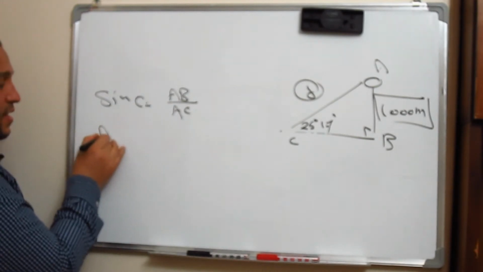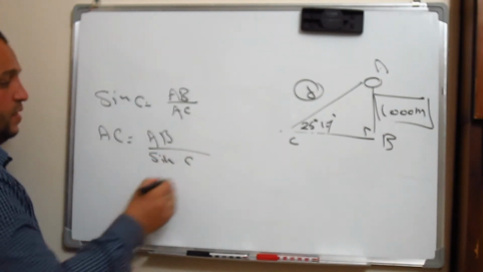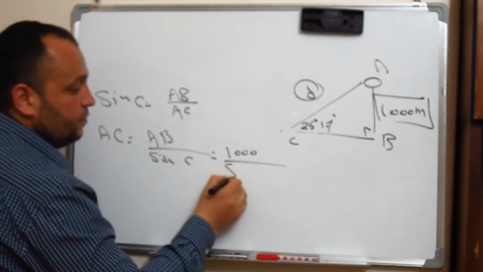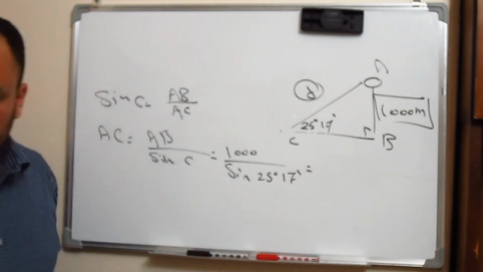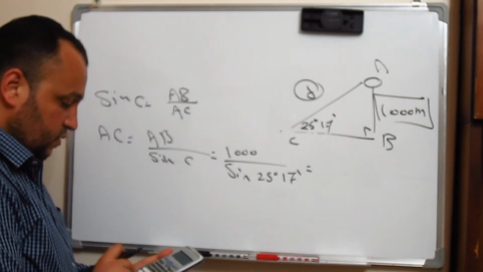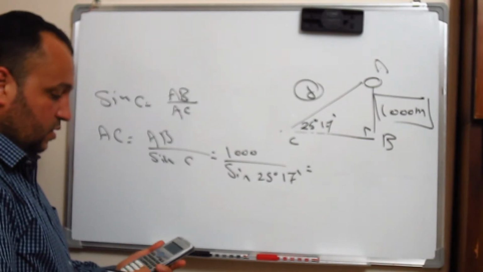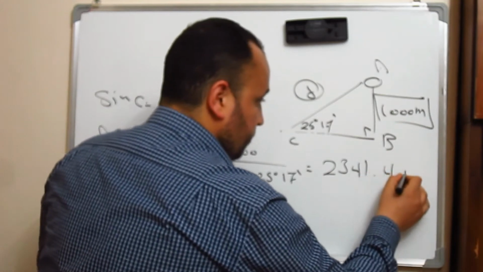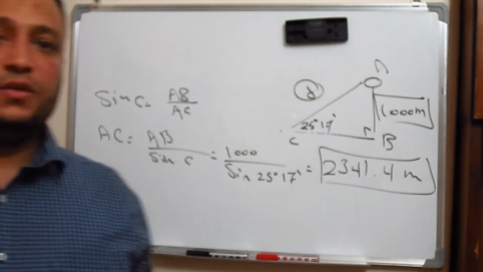Okay, therefore that's AC equals AB over sine C. AB 1000 over sine C, sine 25 degrees 17 minutes equals, calculator, 1000 over sine 25 degrees 17 minutes equals 341.4 meter. اوكي نشوف اللي بعدها.